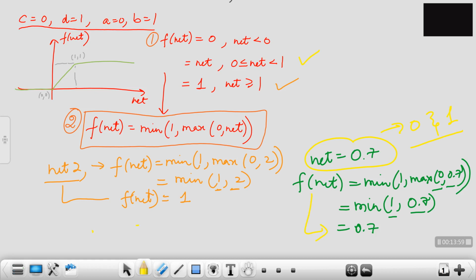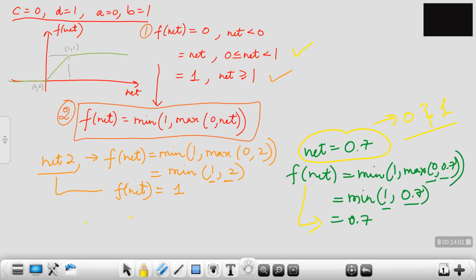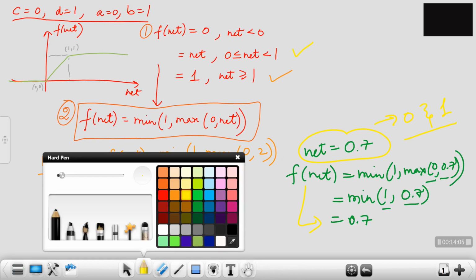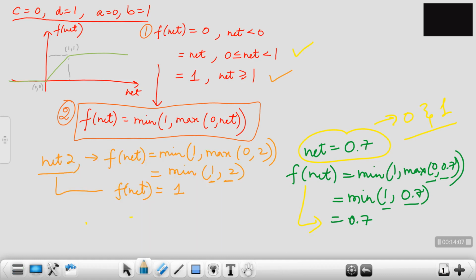Take another example where net will take a negative value. Net is equal to minus 1. So when net is equal to minus 1, f of net will be minimum of 1 comma maximum of 0 comma minus 1. So what is the maximum value between 0 and minus 1? Obviously it is 0.